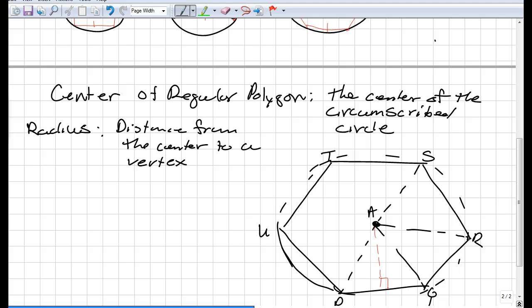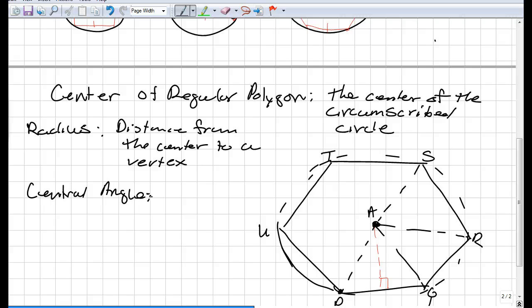The radius would be the distance from the center to a vertex, which again would be the radius of the circle. Okay? We have a central angle. So in this picture, I have central angle DAQ.